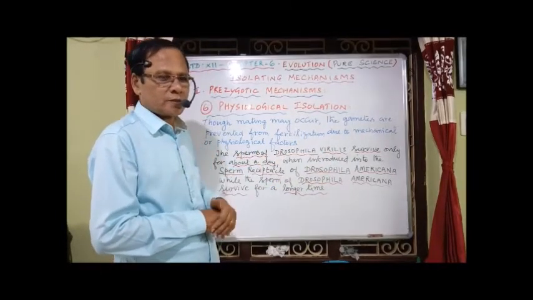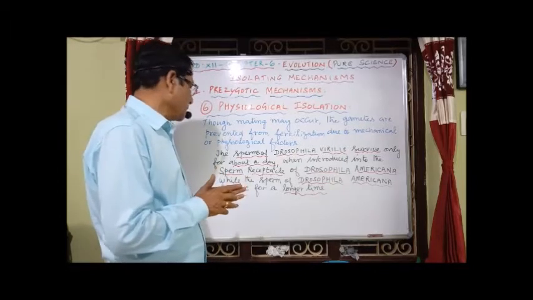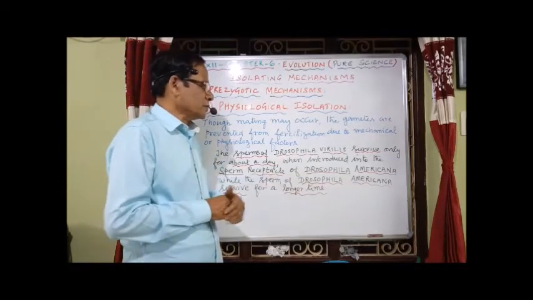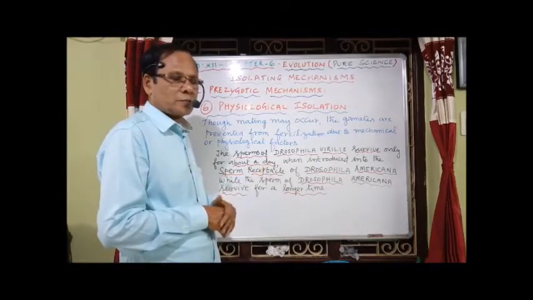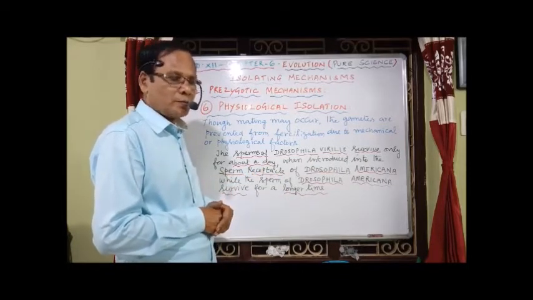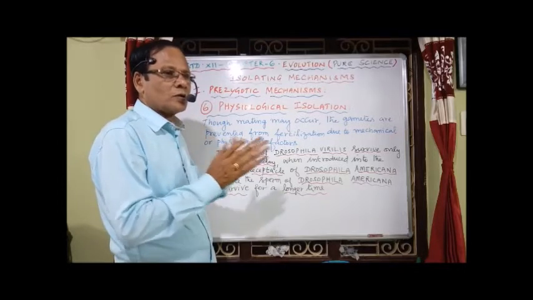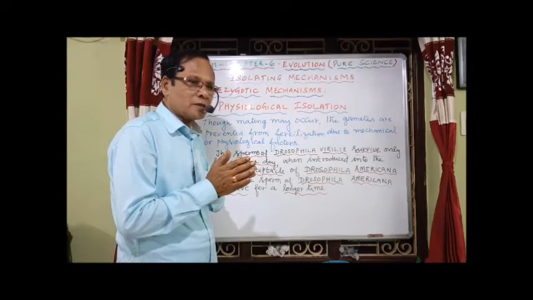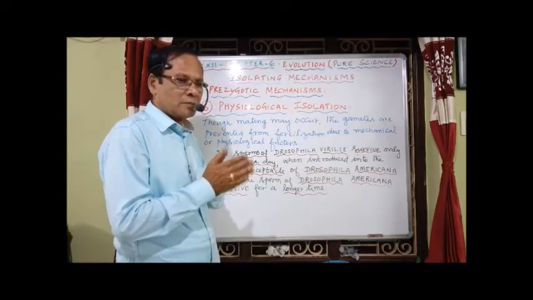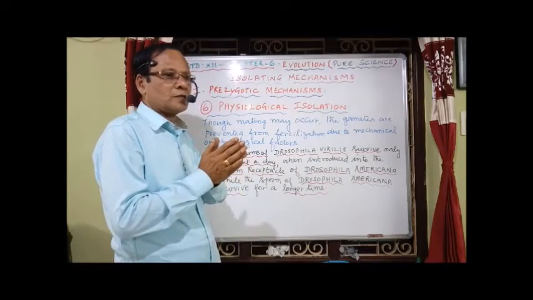This is another species. But the sperm of the same species, Drosophila americana, when introduced into the sperm receptacle of the female, survive for a longer time. So the sperms from the same species are accepted and survive for a long time.